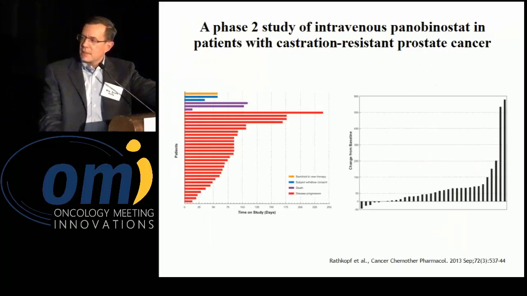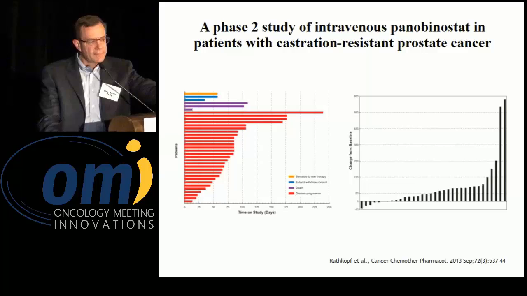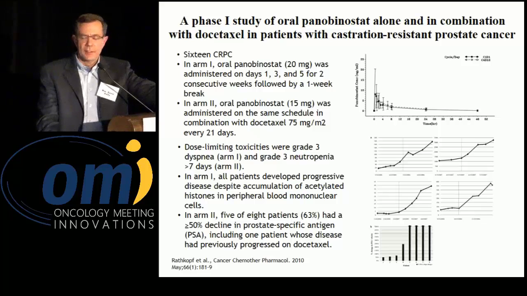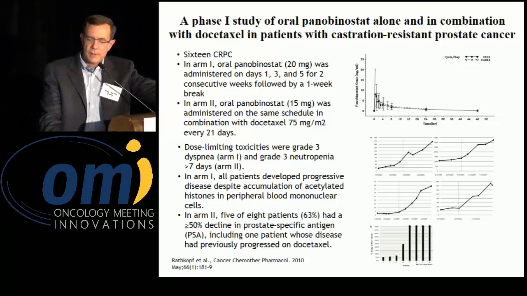However, this is a study from Dana Ravkoff, who looked at vorinostat in there. Swimmer plot on the left. You can't get much more negative than that. Everybody progressed there, and no one had a PSA decline. They said, well, let's combine it with something, like we always do as a good medical oncologist. They looked at vorinostat alone, then also with docetaxel.